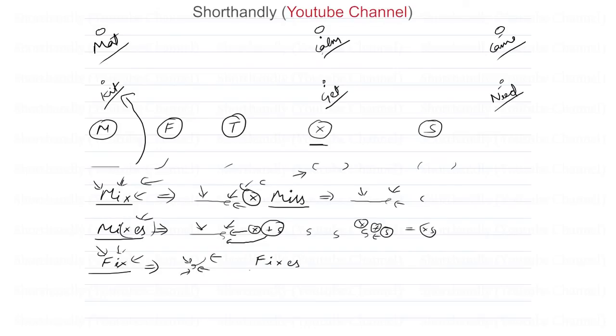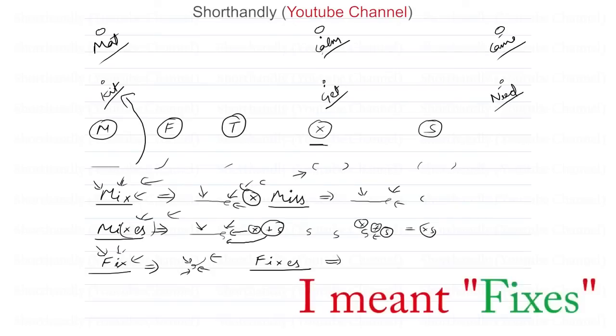We will do the exact thing that we did while making the word mixes. See, this is F, then we use this E vowel, then we use this slant S like this. Then to make the additional S, we used this. So we used X plus S. This is our final word, fixes.